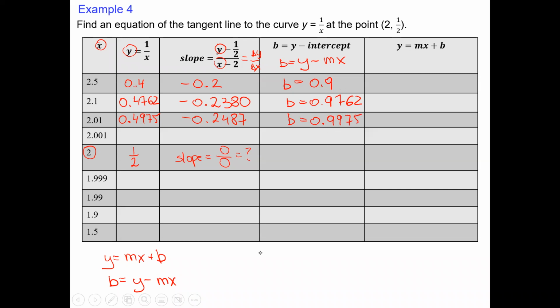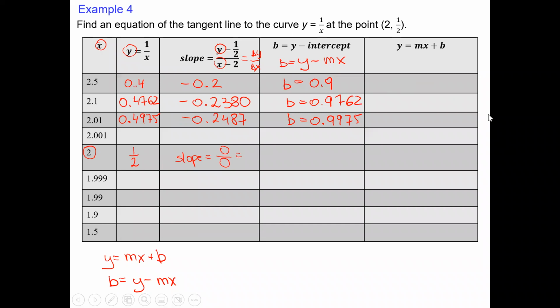Okay, that's what we may possibly estimate. However, if we know the slope, of course, and if we substitute for x, 2, for y, 1/2, then we can also calculate, but we need a slope. Okay, that's what we're doing. We're guessing. Let's actually look at all of the values, and then we will try to guess that question mark.